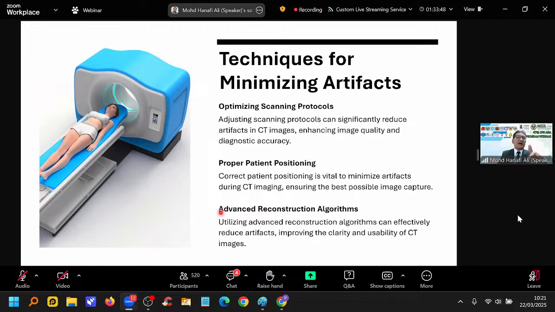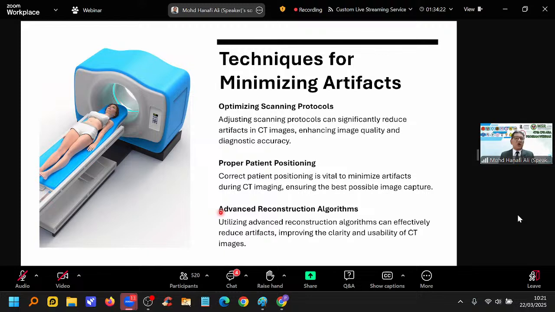This is a very important part: when we don't observe the patient at the ISO center of the gantry, the scout view or planning view will give the wrong image, and TCM, the tube current modulation, will use that image to modulate the mA or kV for that examination.